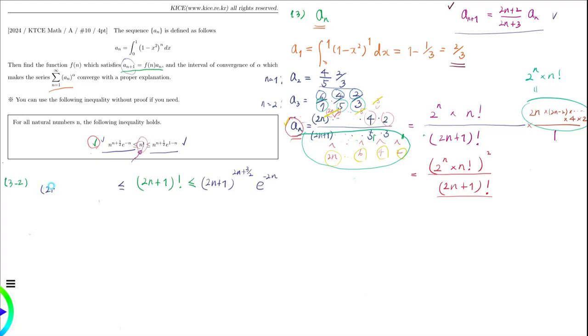Its lower bound is 2n plus 1 to the 2n plus 3/2, e to the minus 2n minus 1 here.